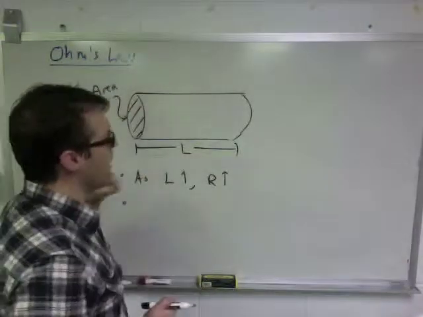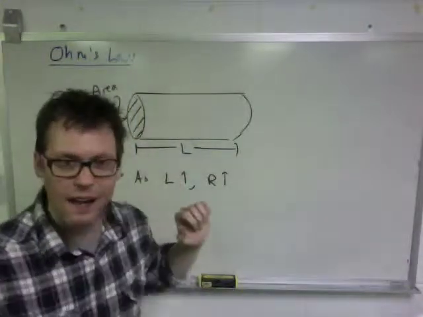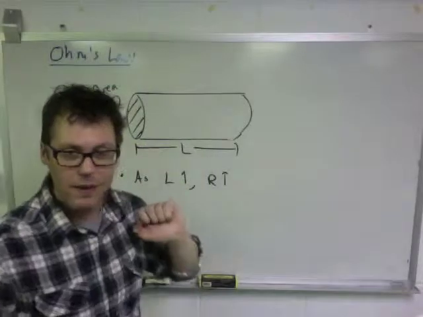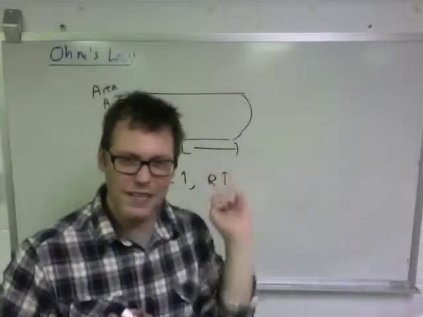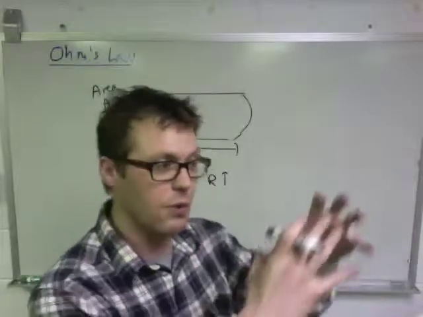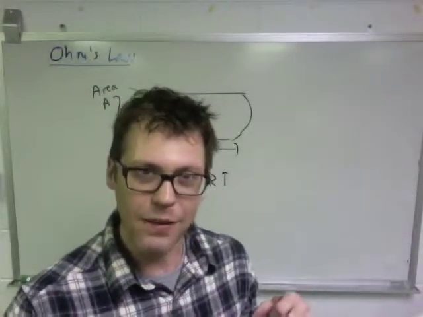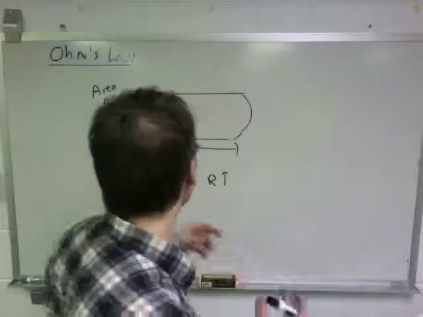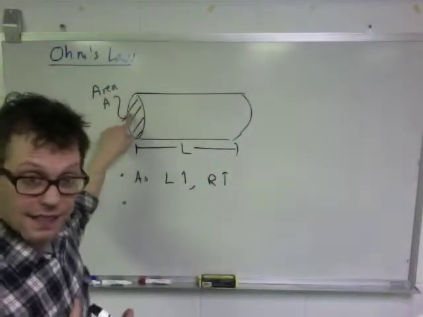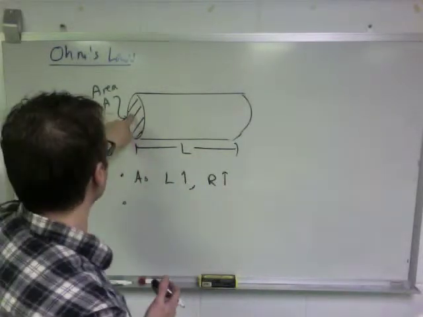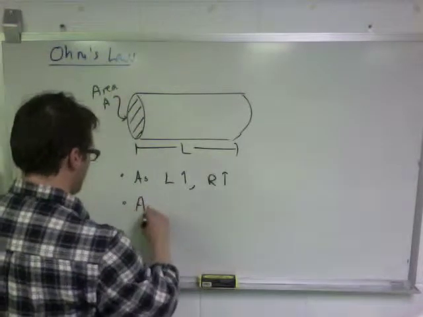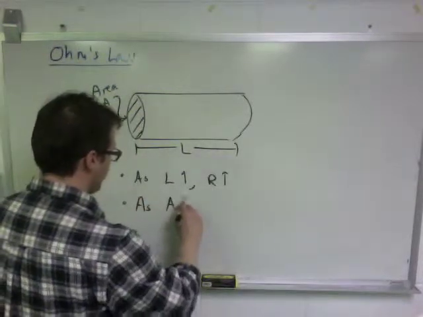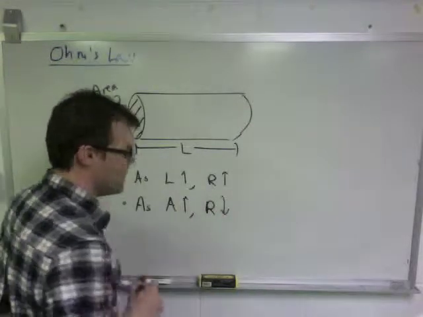If I increase the area, imagine an analog. Imagine this was a pipe. Is it easier to squeeze water through a small constricted pipe, or is it easy to push water through a nice big pipe? It's certainly easier to do the latter. And so the same is true for charges, for electrons as they're moving through this thing. So as the area increases, the resistance will actually decrease.